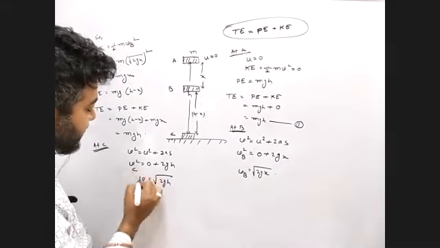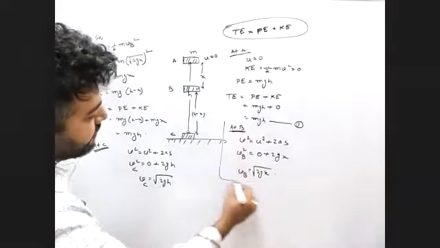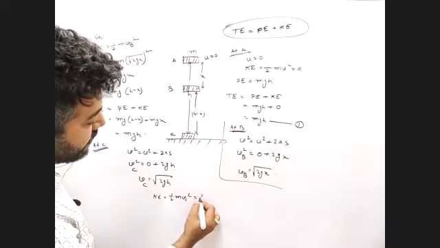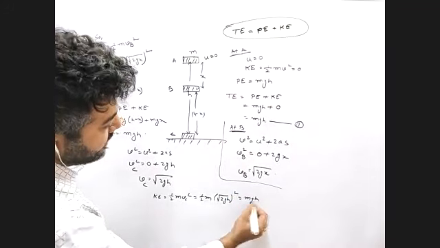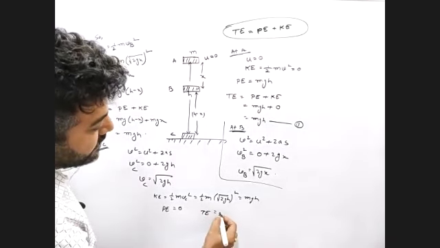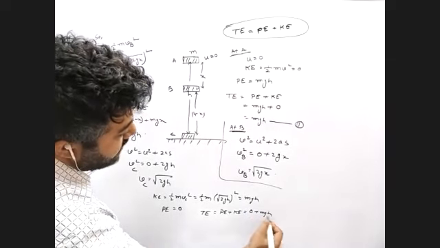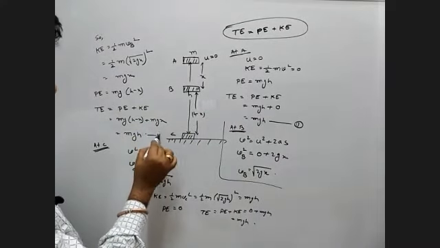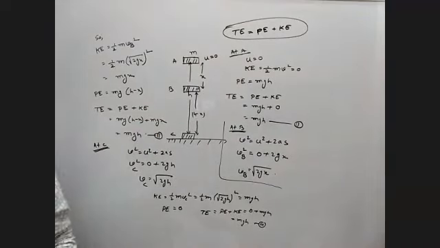You can write velocity at C. So kinetic energy is half m vC square, half m root under 2gh whole square, that is mgh, and potential energy is 0. So total energy is 0 plus mgh equals mgh. Is it okay, everyone? This is the first one, this is the second one, and this is the third one.